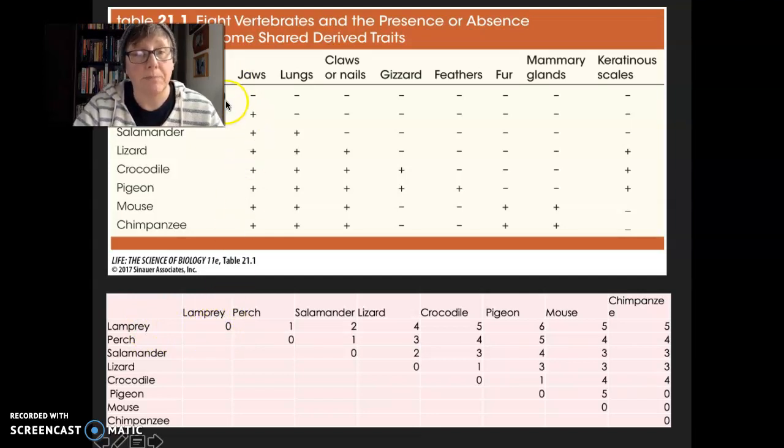Lamprey compared to the perch has 1 difference. So you can actually lay this out in a chart. A crocodile compared to a lamprey has 5 differences, but a crocodile compared to a pigeon has only 1 difference.